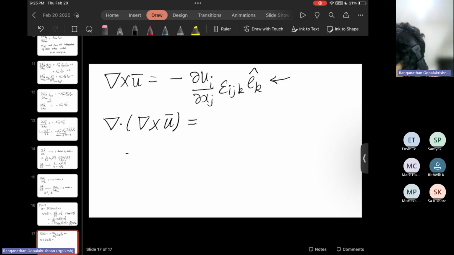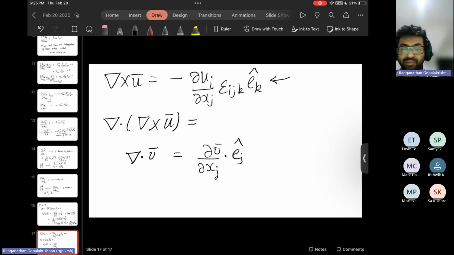So for that, let's see what the divergence of a vector is. As an example, if you want del dot v, that would be partial over partial xj of v dot ej. This is the divergence operator. If you are curious where to find this, this is equation 2.92 from the book.